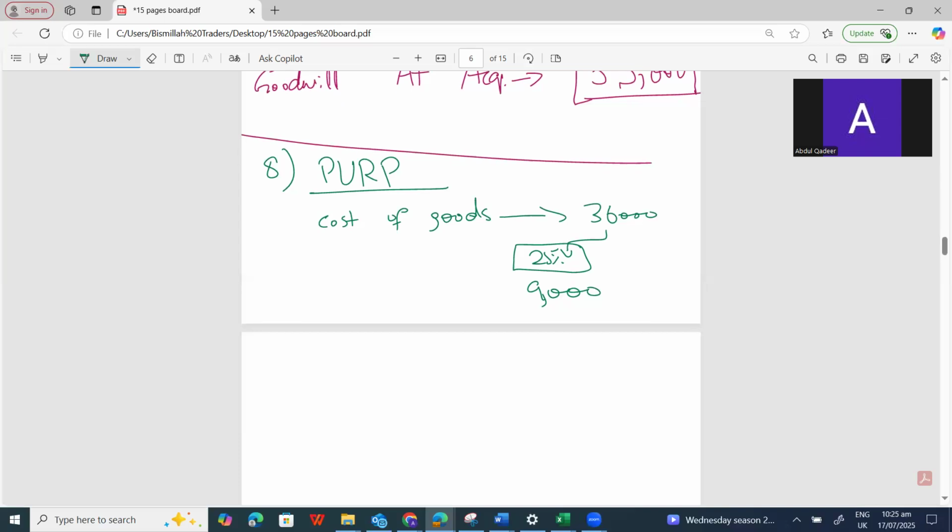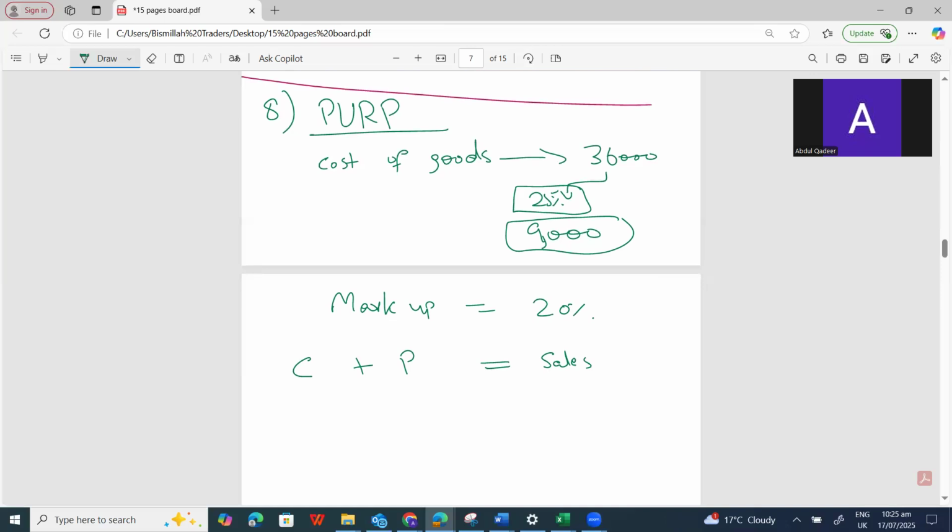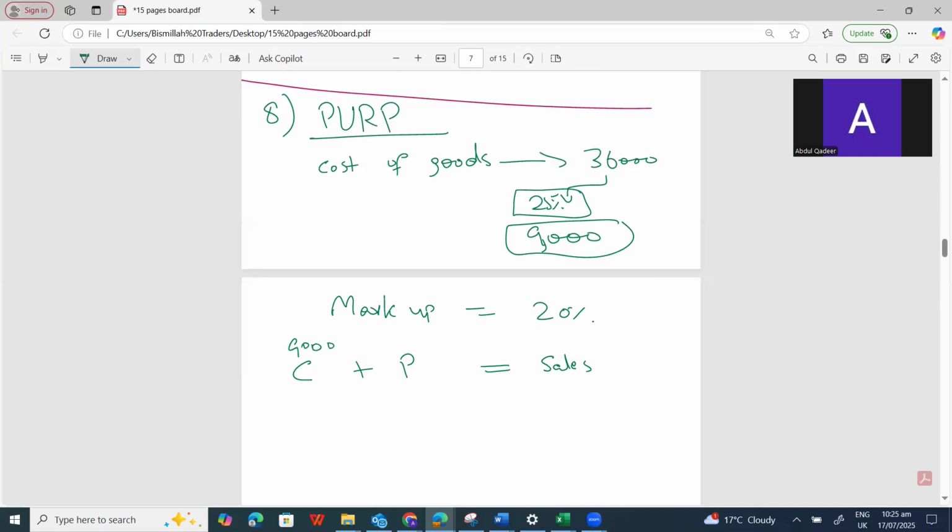So for cost of goods, for now we have 9,000, and profit markup is 20%. We can calculate like this: cost plus profit is equal to sales. Cost is 9,000, profit is 20% markup.